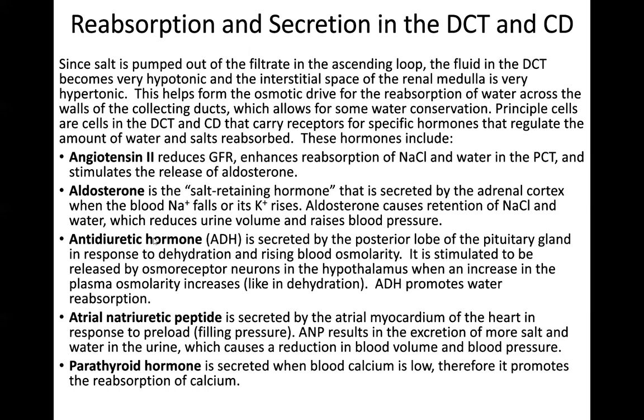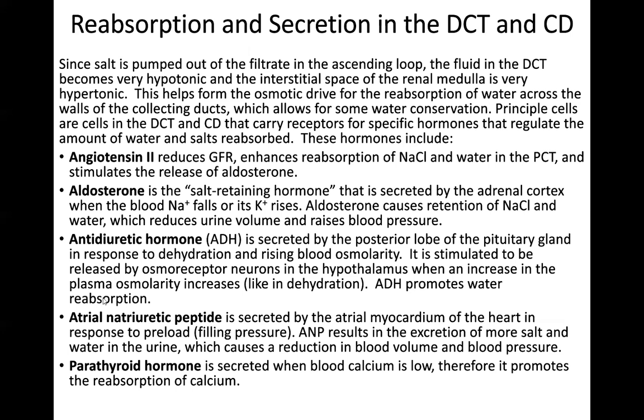It's actually created by the hypothalamus. If you remember that, the hypothalamus makes the hormones antidiuretic hormone and oxytocin, but the posterior pituitary is what releases it. And if we're dehydrated, one thing that we're going to try to do is not pee out as much water. And so antidiuretic hormone promotes the reabsorption of water and the return of it to our blood.